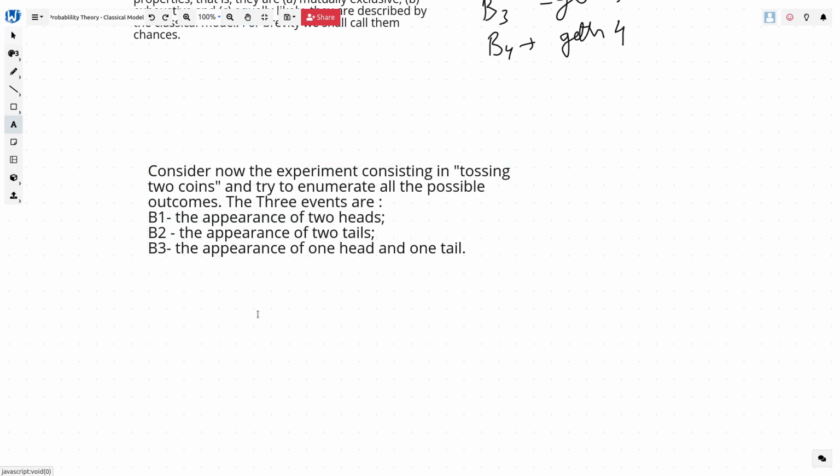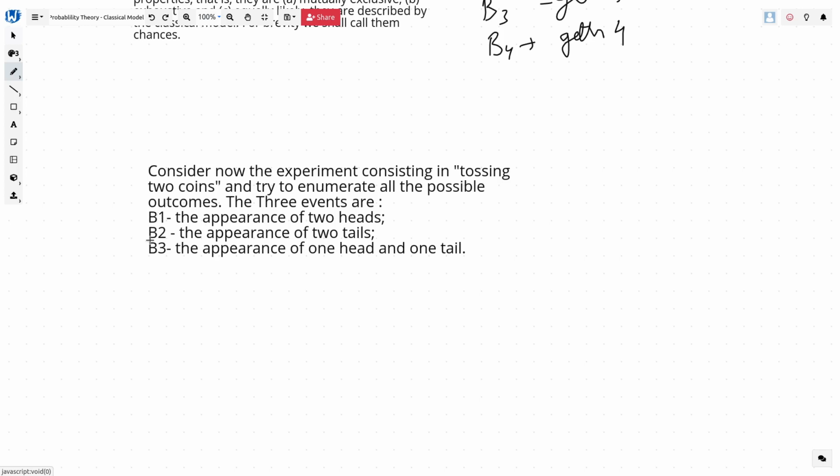Consider now the experiment consisting in tossing 2 coins, and we try to enumerate all the possible outcomes. So let's say you toss the 2 coins together, one in each hand. What are the possible outcomes you can get?